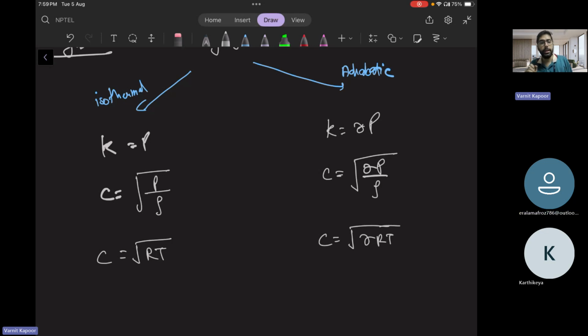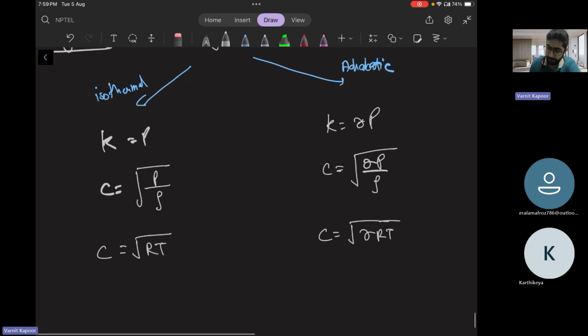So when a fluid is flowing through a duct or a channel, there will be a flow of the fluid. And for a flow to be incompressible, your density change should be less than 5%. So for incompressible flows, density change should be less than 5%.